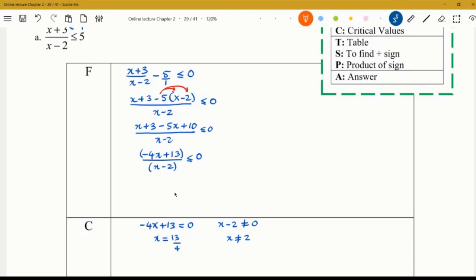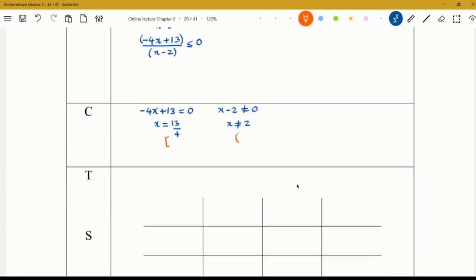Ini merujuk untuk ini adalah square bracket, ini adalah round bracket. So nanti jawapan akhir kamu punya bracket adalah betul. Sebab tu kita particular untuk critical values. So it's not equal, dia adalah round bracket. Equal sign dia adalah square bracket. Okay, so we have two values of x. Now kita nak masuk dalam table. Yang datang dulu 13 over 4 ke 2?